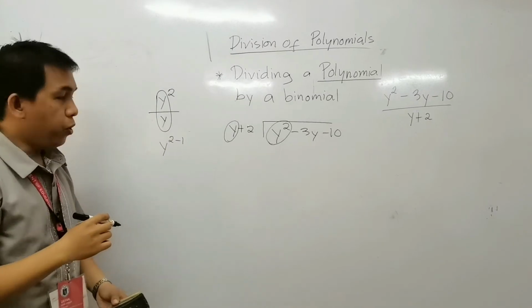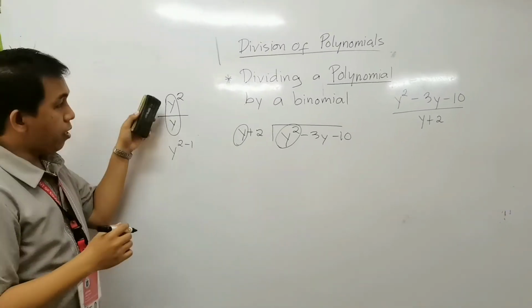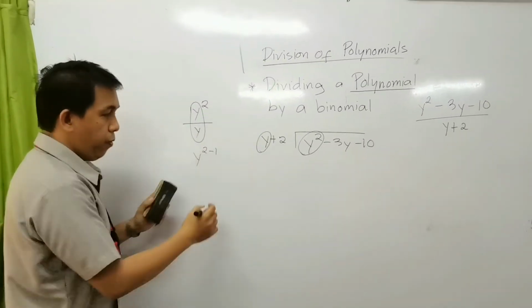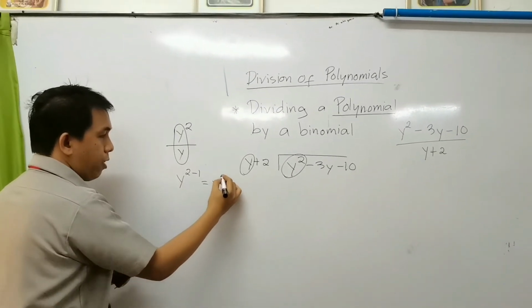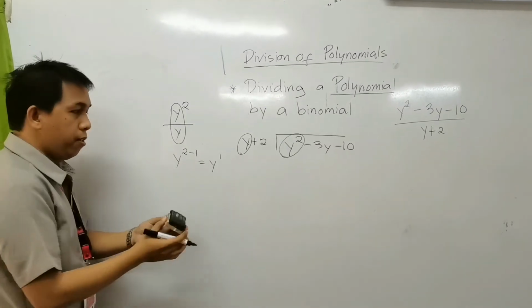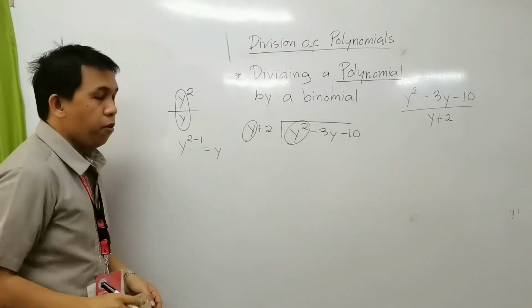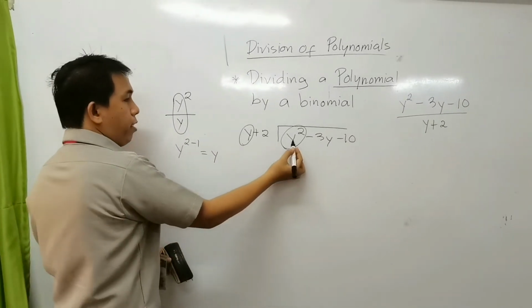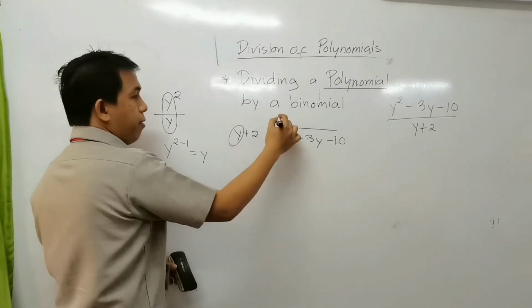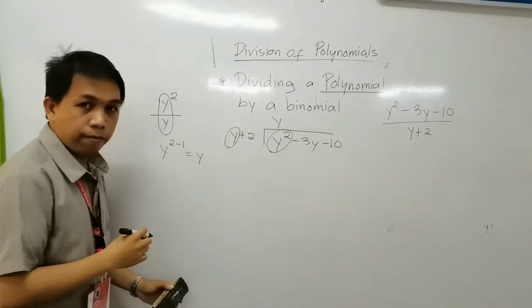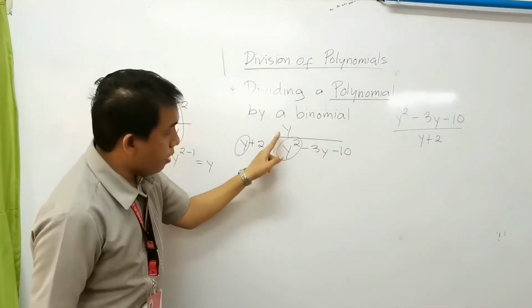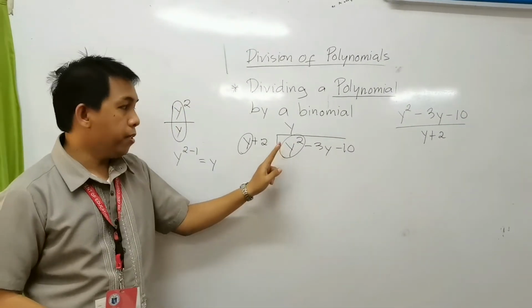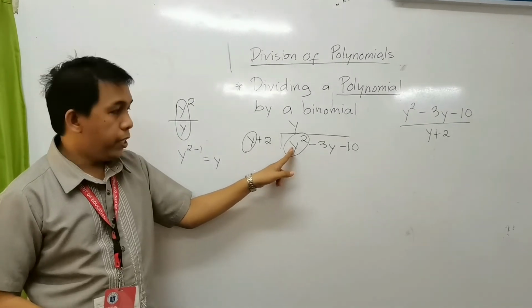What is the answer? 2 minus 1 is equal to y to the power of 1, or we can simply write it as y. Meaning, y squared divided by y is y. Then you will need to align that on the first term because that is your first term.